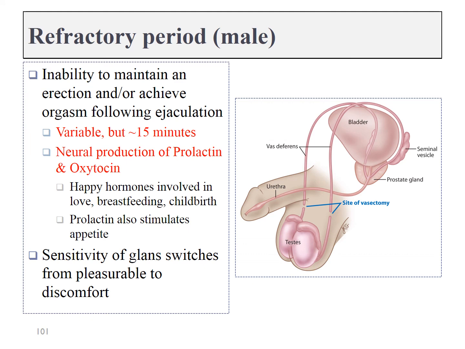One thing that I find interesting is that the oxytocin release also switches how the brain perceives information coming from the penis, especially the glans of the penis. Touching the glans of the penis initially can be quite pleasurable, but following orgasm, it now switches from perceiving this as pleasurable to uncomfortable or even painful.